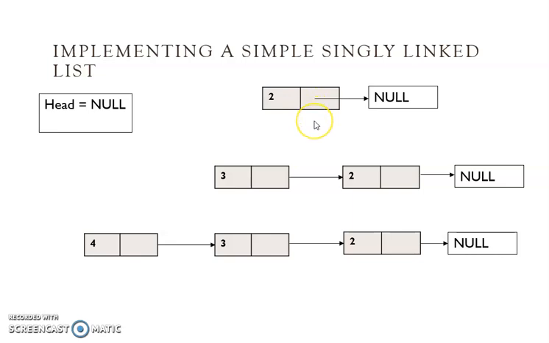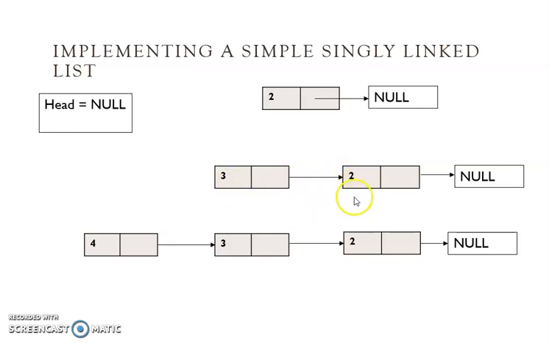In the next step, when I insert my second element, this insertion follows the insertion at the beginning pattern. Whatever nodes I insert will be inserted towards the start of the linked list. So 2 will still point to null, and whatever I have inserted now will point to the already existing element.